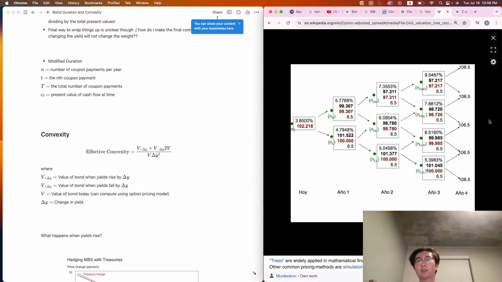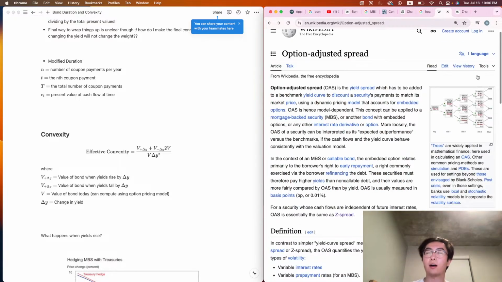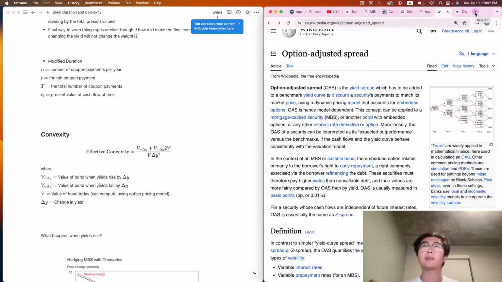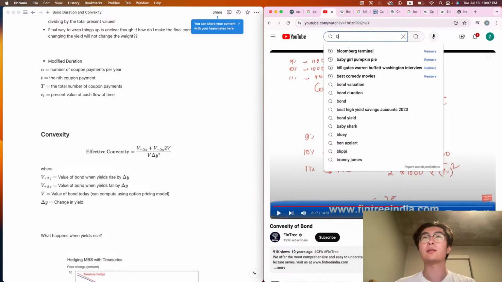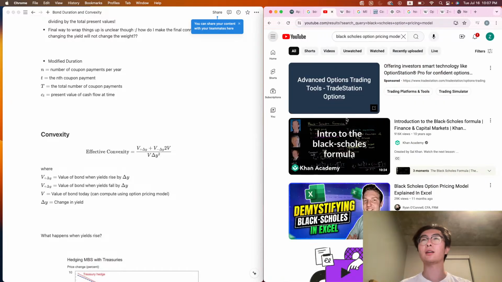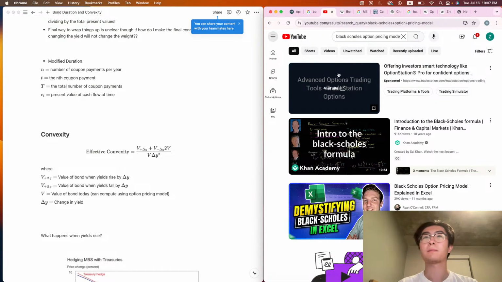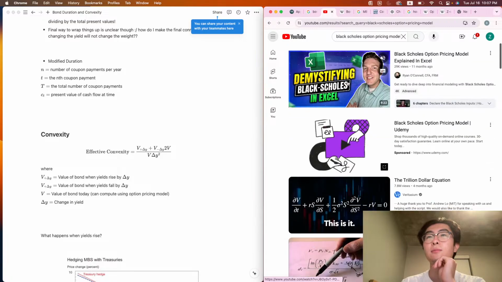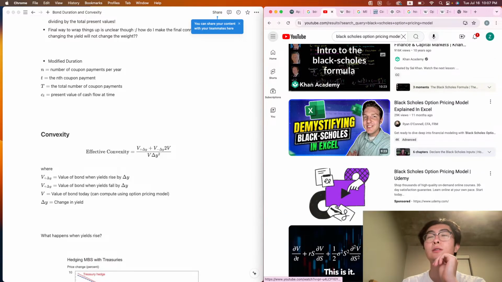Okay, so I guess this is kind of the very complex field of volatility modeling. So volatility, I think, is probably the second part of the equation here. It's not actually directly stated, but I guess it would be helpful to understand the Black-Scholes options pricing model. I wonder if there's like a Khan Academy. Yeah, this could be very helpful.